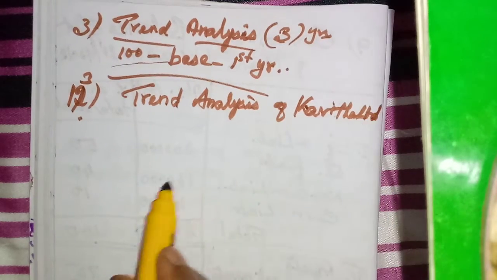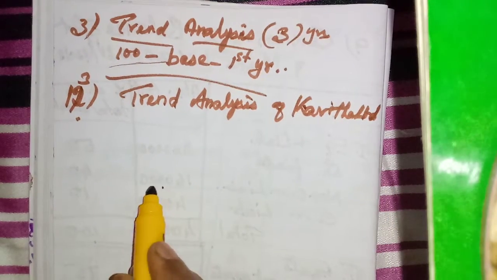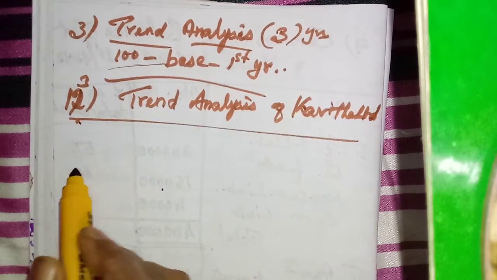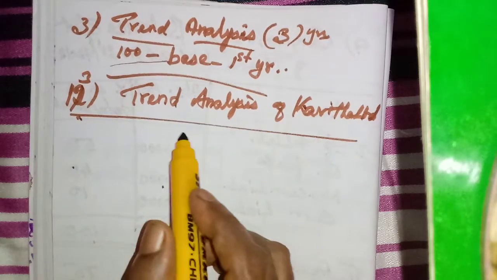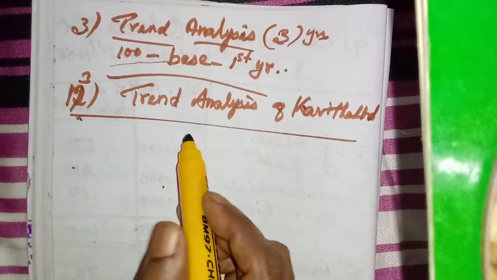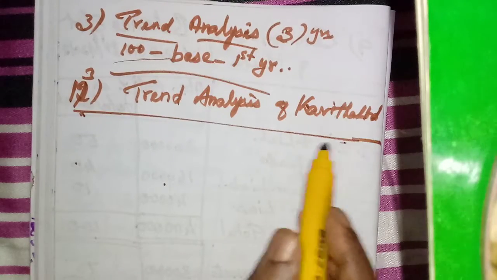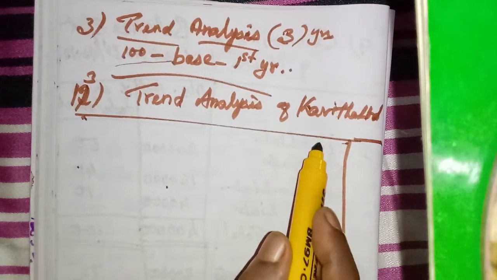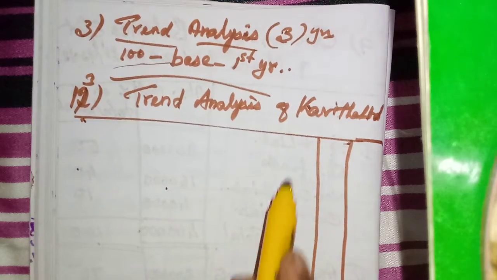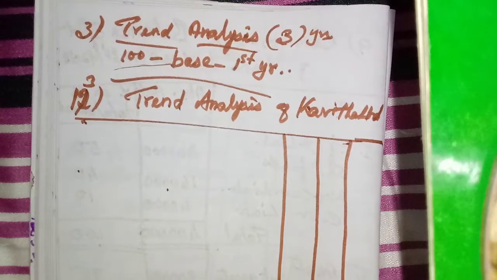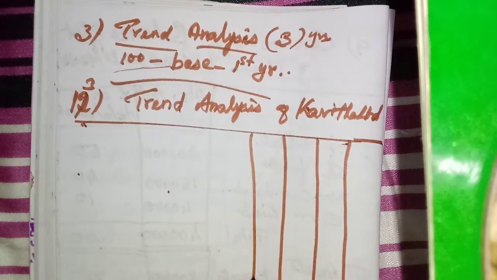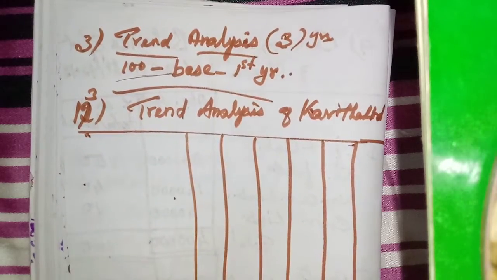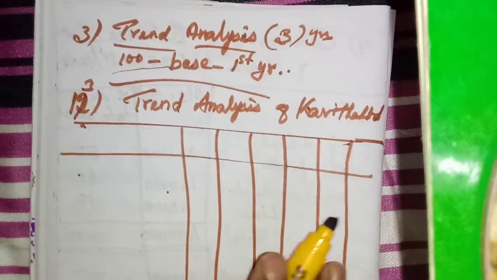Then what are the columns we need to draw? First, here more columns we need. Trend percentage first, here 3 amount columns, isn't it? Then 3 more we need to draw: 1, 2, 3, again 1, 2, 3. Totally 6. Then particulars come.